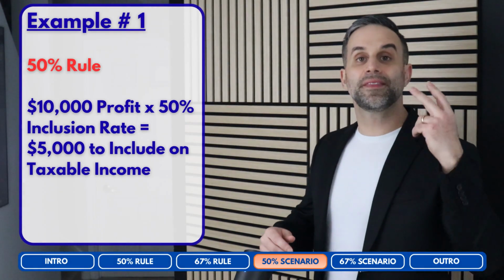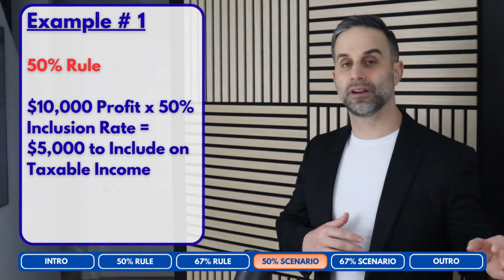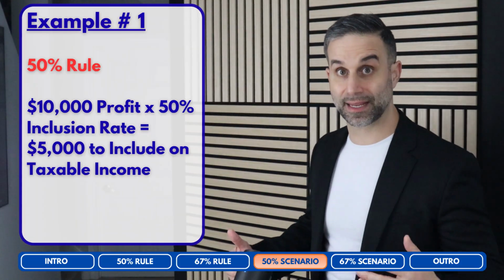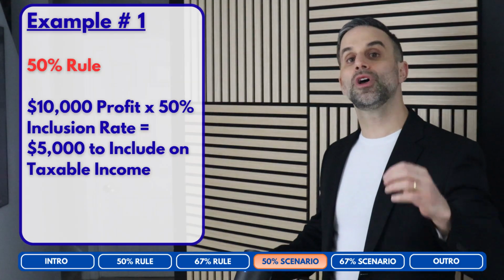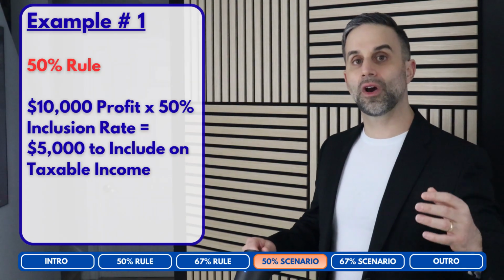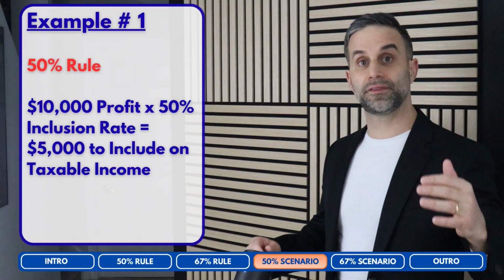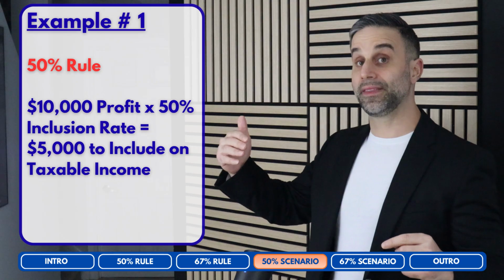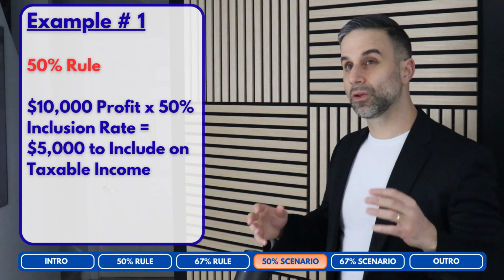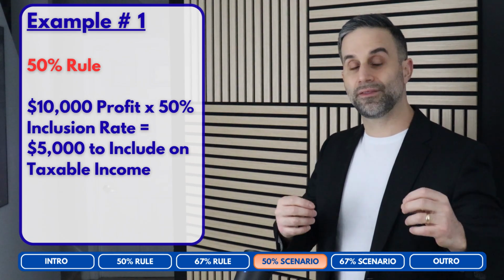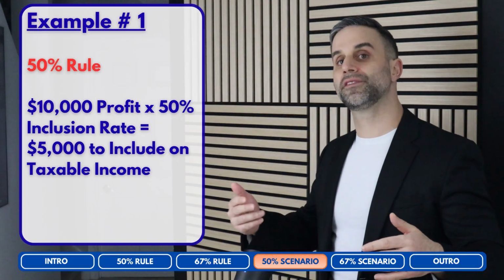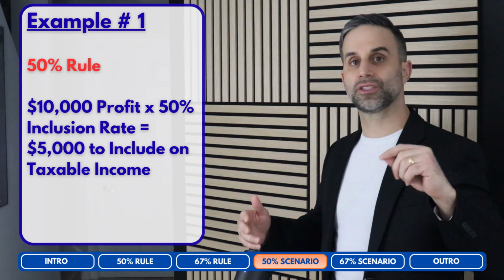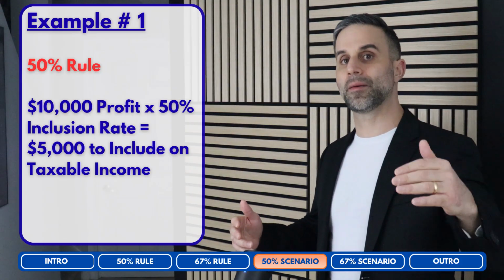Welcome back, guys. So the two examples that we looked at earlier, now let's get into the weeds a little bit to see how you would actually calculate the taxes. On the first example with a $10,000 profit, we already know that the inclusion rate is 50%. That means $5,000 would be added to your income at the end of the year for tax purposes. So let's say, for example, the average salary in Canada is $65,000 a year, and that's what you earned in this given year, plus you made the $10,000 in capital gains.